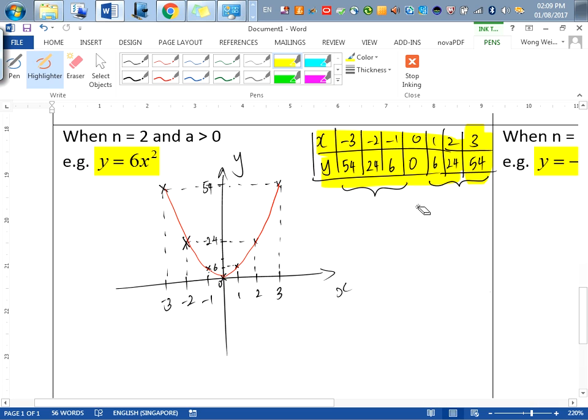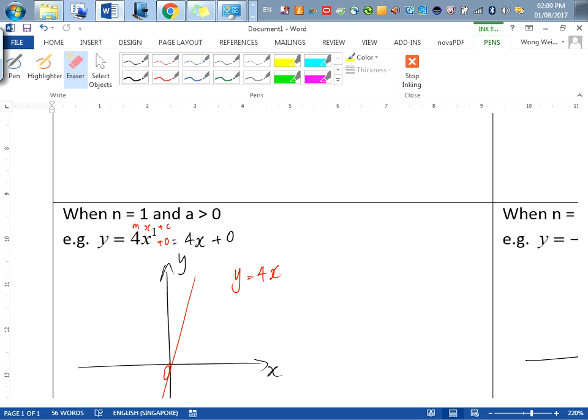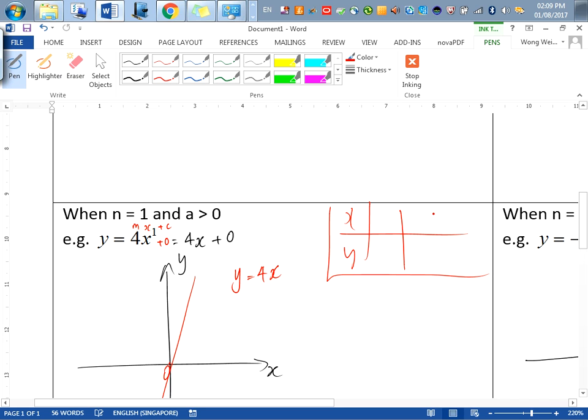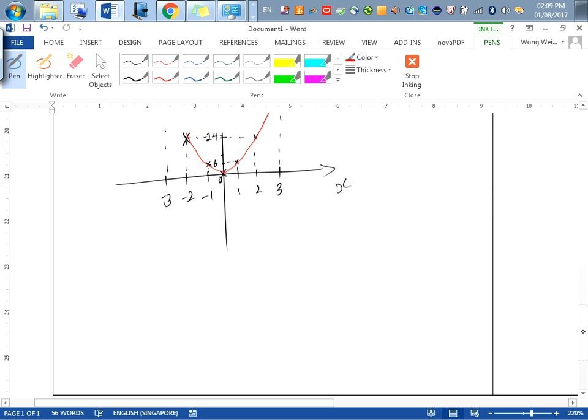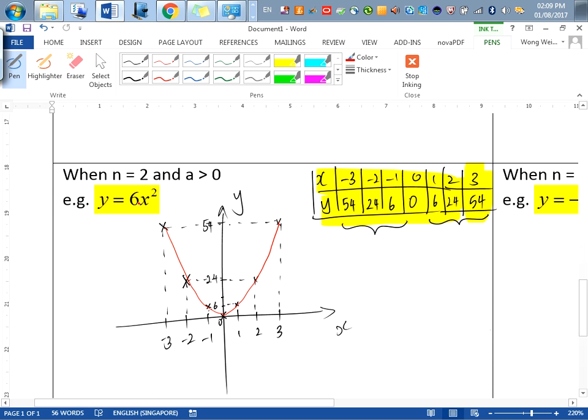Best is if you can memorize it. Like earlier on, we don't need to plot our x and y values. We already know how to do it. So likewise, it will be good if we can memorize that y equals 6x squared will give me a parabola opening upwards. Okay? What's missing from my graph?